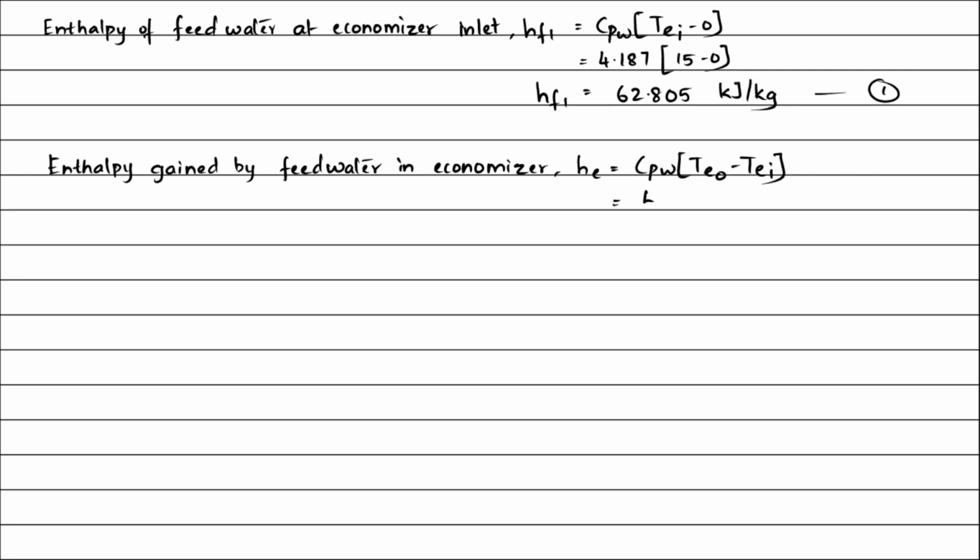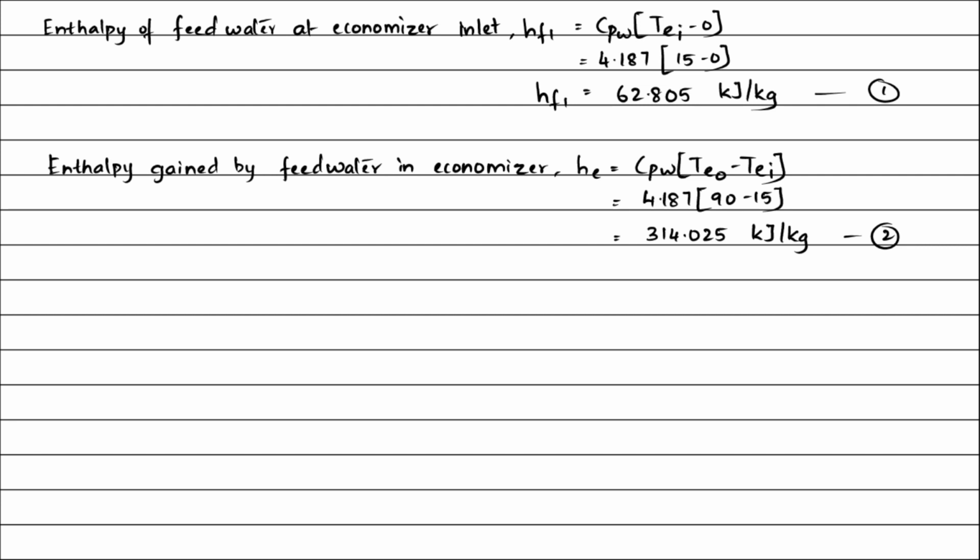So that will be 4.187 into 90 minus 50, and I obtain 314.025 kilojoule per kilogram.